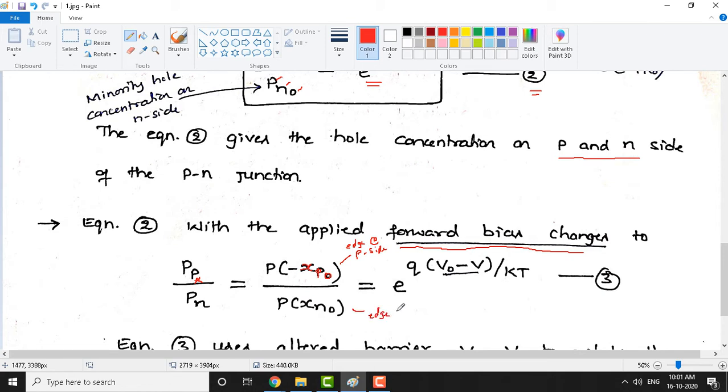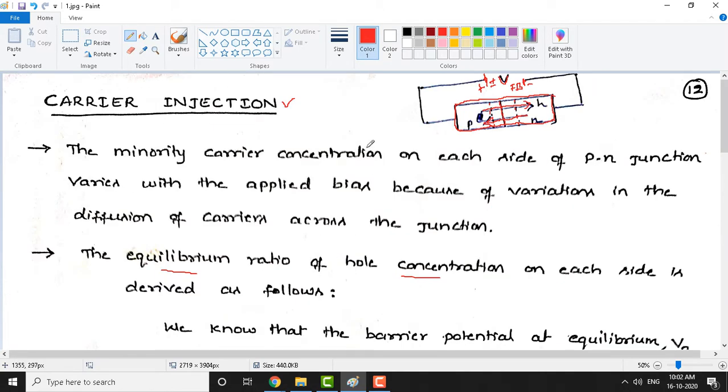So why are we interested in only the edges? Because there you can see the big density of charge carriers at the edges. That's why we are more interested in edges rather than in the neutral P or neutral N region, because as we told in the beginning itself in this diagram, the majority charge carriers will be injected from P side to N side. When holes are injected here, if you see the minority carriers, the graph will be something like this.